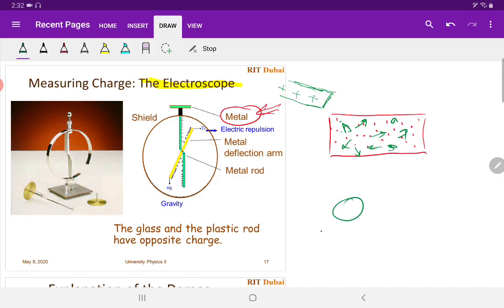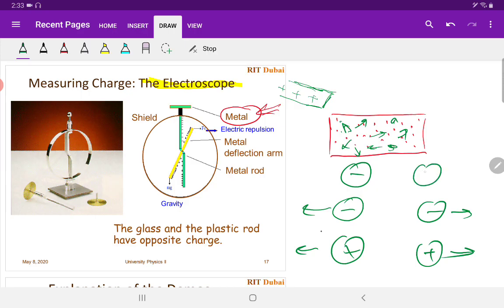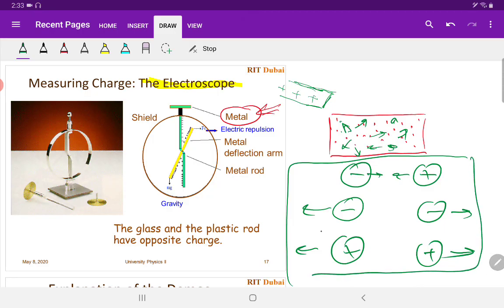Negative with negative repel each other. Positive with positive also repel each other. Negative with positive attract each other. Because of this type of interaction, we will start to see some changes happen.